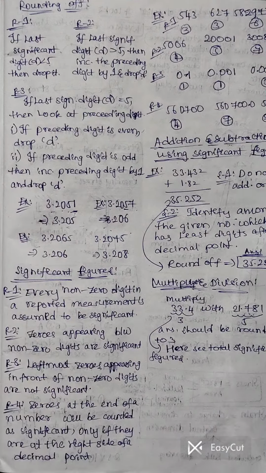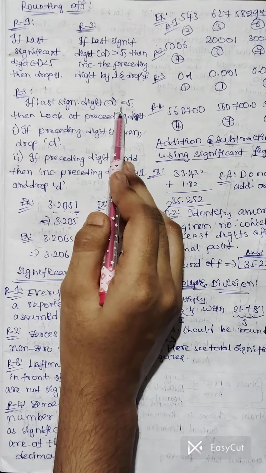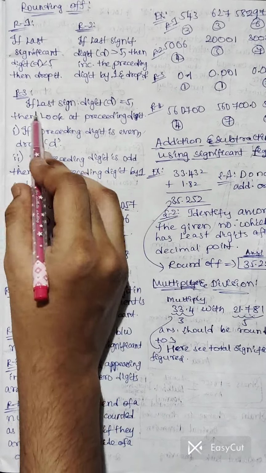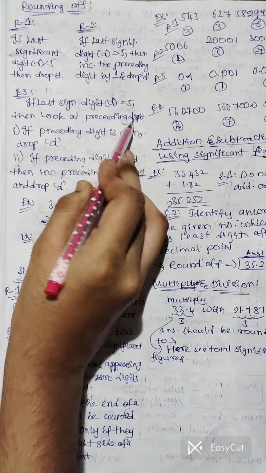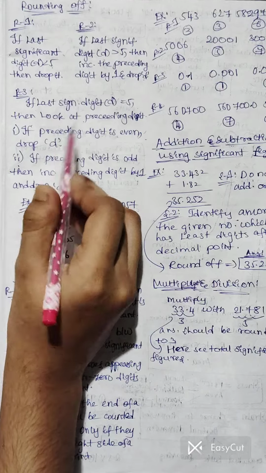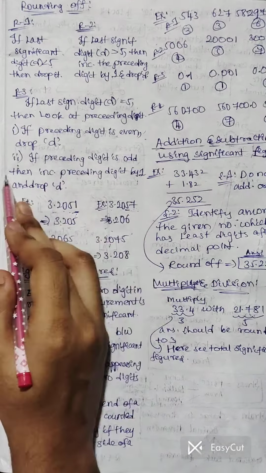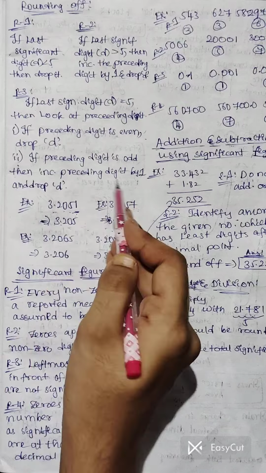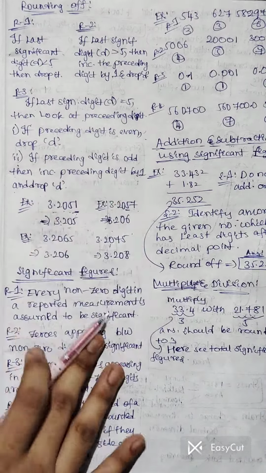And now coming to rule number 3. If the last significant digit is equal to 5, then look at the preceding digit. If the preceding digit is even, then drop those last significant digit. If the preceding digit is odd, then increase the preceding digit by 1 and then drop that last significant digit.